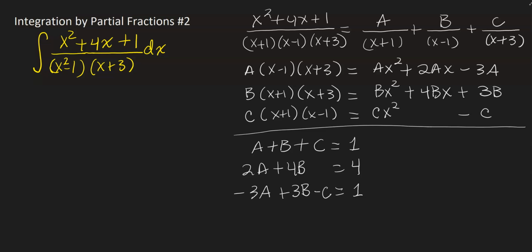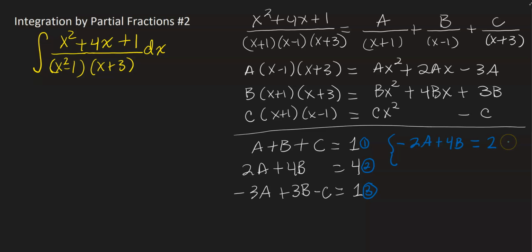So if we use equation number 1 and number 3, combine number 1 and number 3, we will have C being eliminated, and we will have negative 2A. B plus 3B would be 4B is equal to, C is gone, 1 plus 1 is 2.